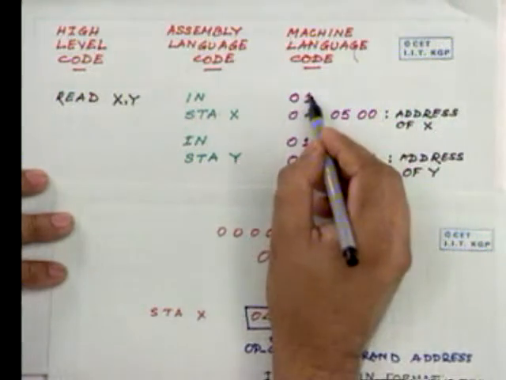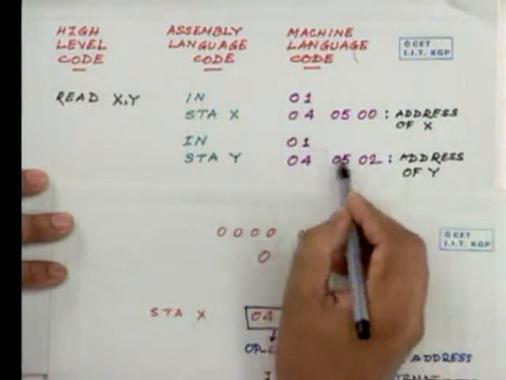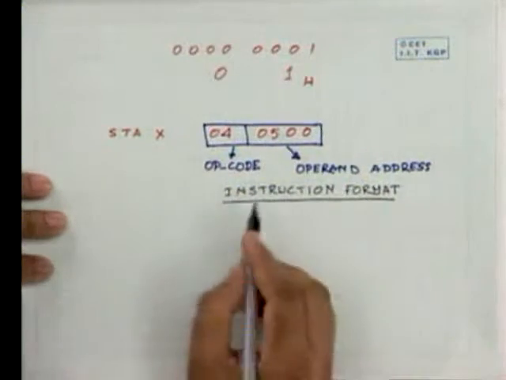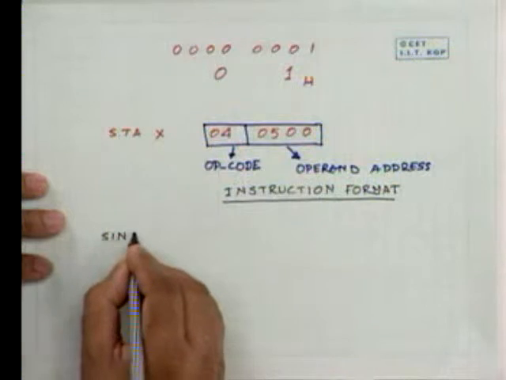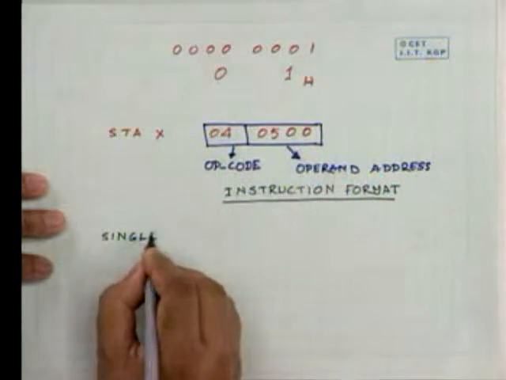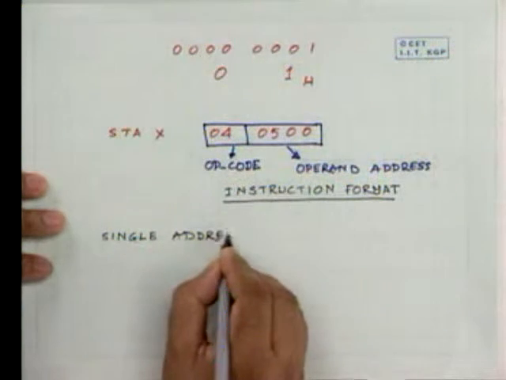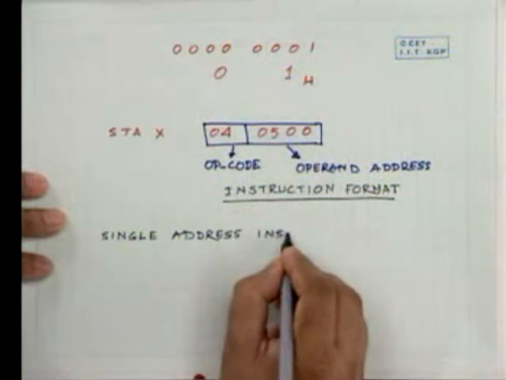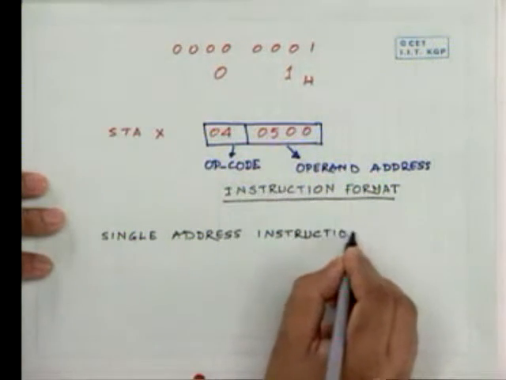For example, this doesn't need an address, this has one address, this doesn't need an address, this has one address. Therefore, we call it a single address instruction.